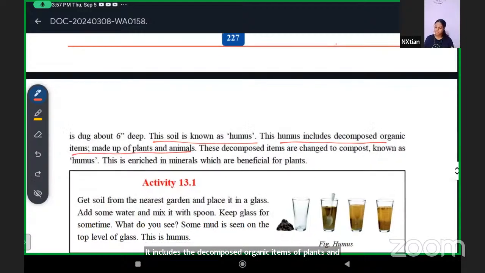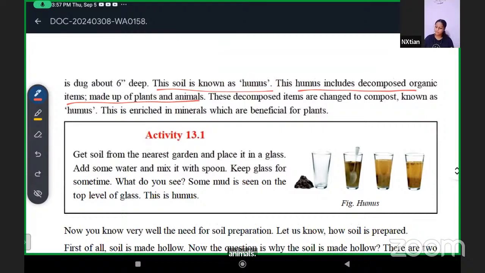These decomposed items are changed to compost known as humus. This is enriched in minerals which are beneficial for the plants.